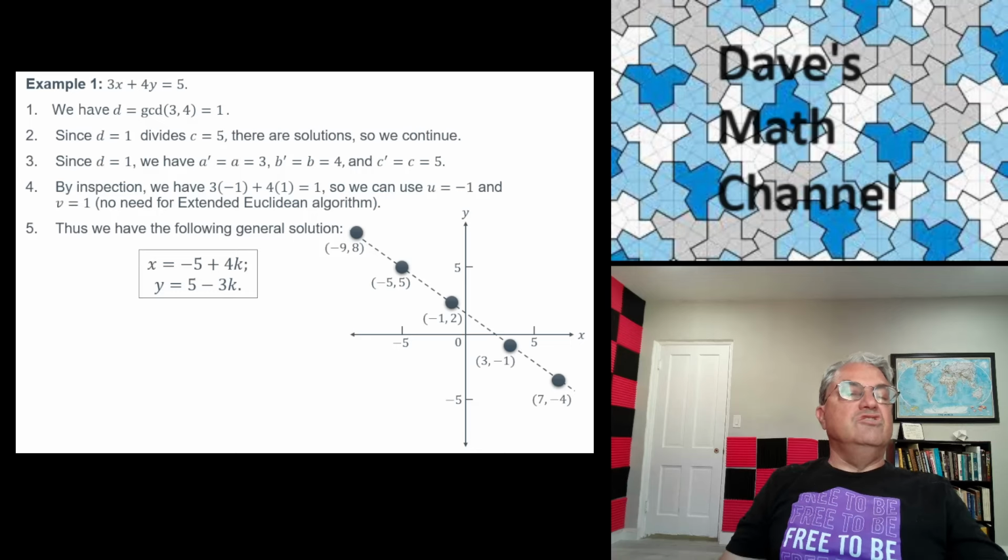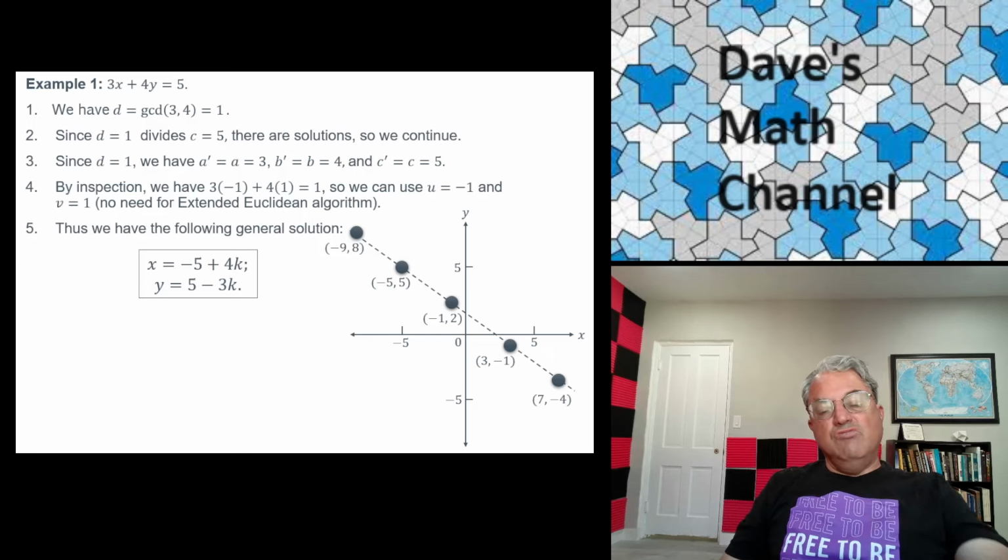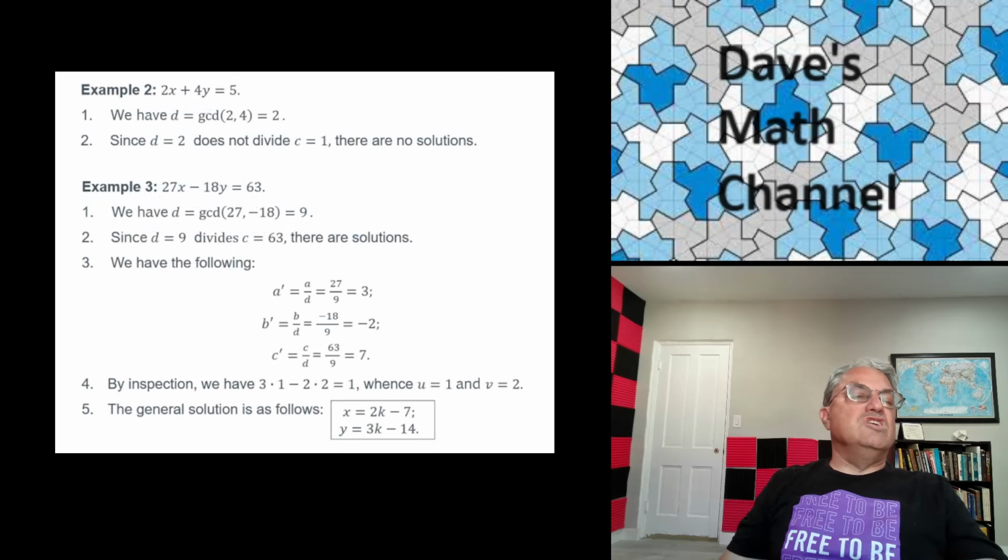I'm sure you learned when learning algebra that the graph of a linear equation like 3x plus 4y equals 5 is just a line. And then you get this discrete set of points because we're only allowing x and y to be integers. So that's what the graph looks like, and that's what the solutions look like. Nice. So I'll do a couple more examples.